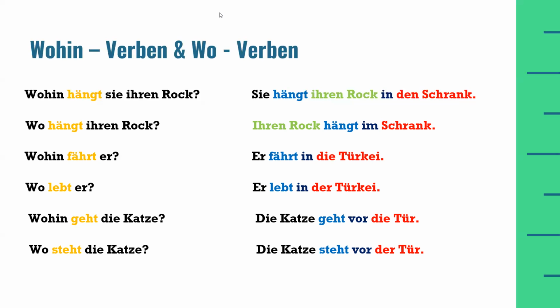And you will also be able to identify whether the two-way preposition is acting like accusative or dative. So in this lesson, we have learned a lot of things. I hope that it will help you in further lessons also.